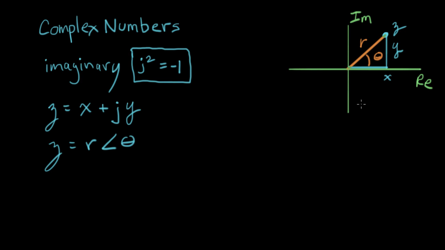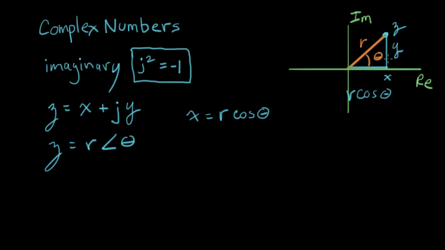Now I can work out how to convert between the two. How do I convert from r and theta to x and y, and how do I go the other way? I just use some simple trigonometry. If I know r, this distance x is equal to r times the cosine of theta. So x equals r cosine theta.